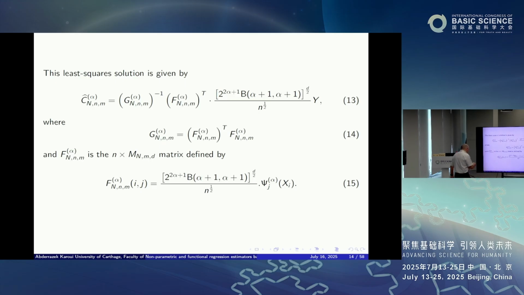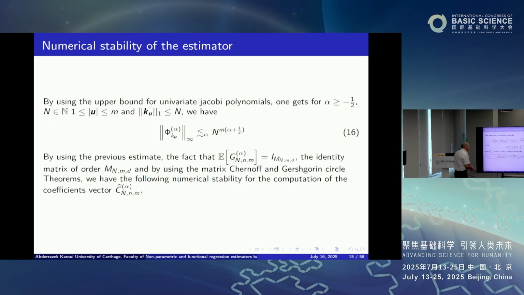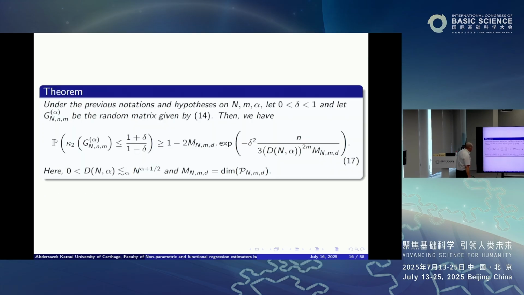Because we use some theoretical properties of Jacobi polynomials, our basis functions have this upper bound. And what's interesting is that we are able to get an estimate of the condition number of our matrix.